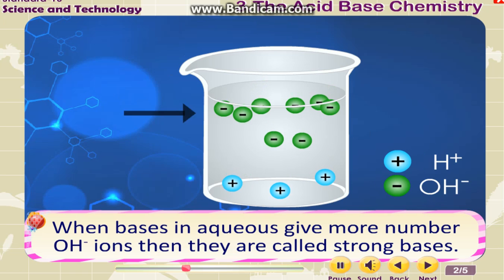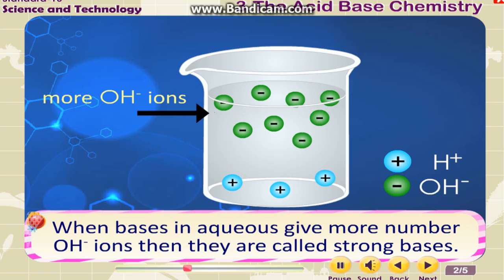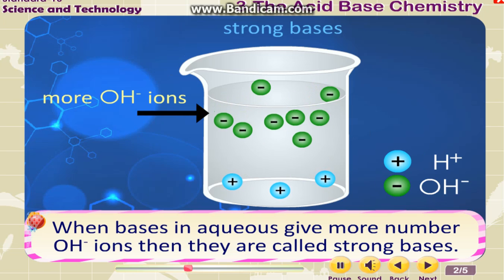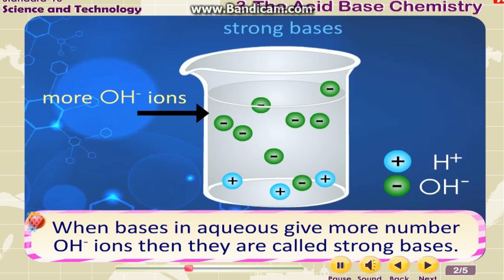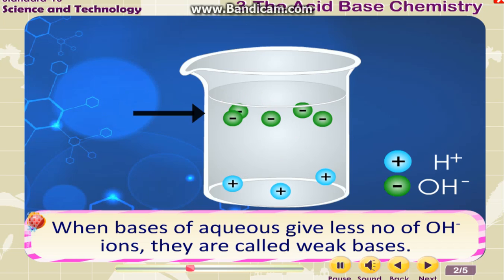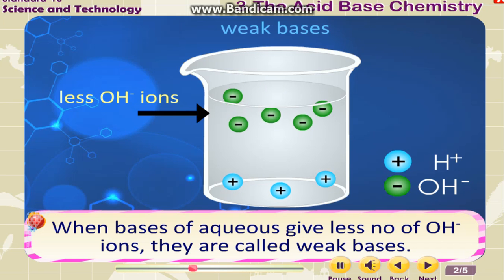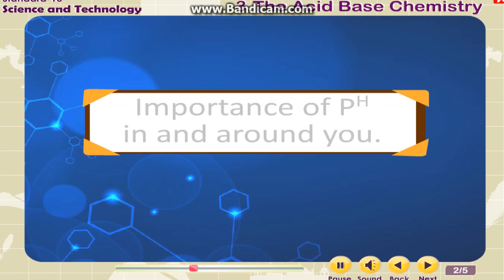When bases in aqueous solution give more number of OH- ions, then they are called strong bases. Weak base. When bases in aqueous solution give less number of OH- ions, they are called weak bases.